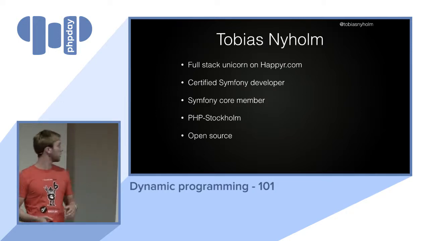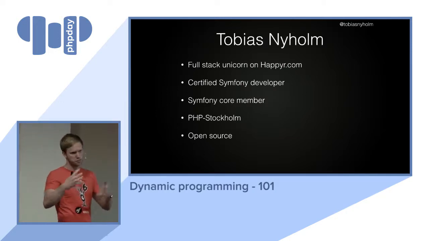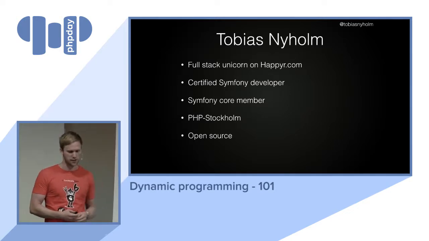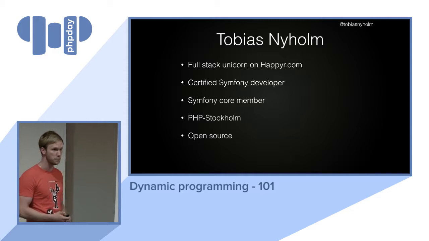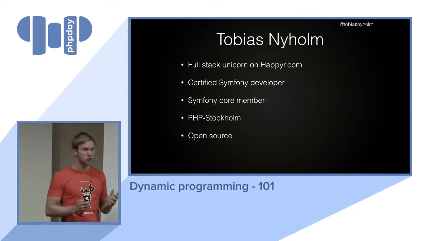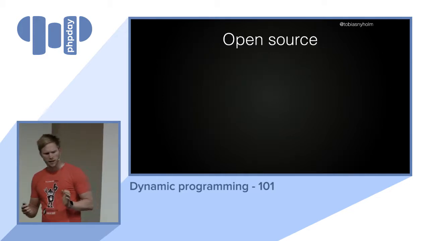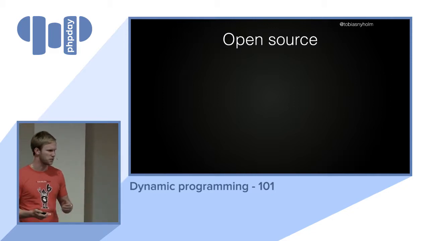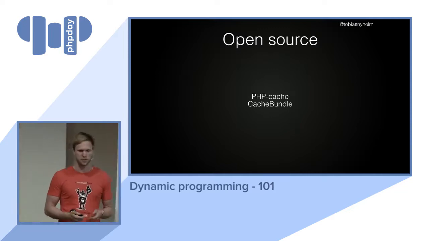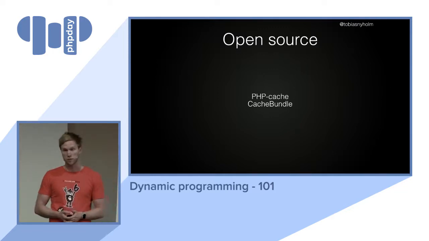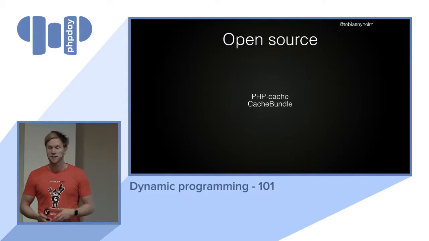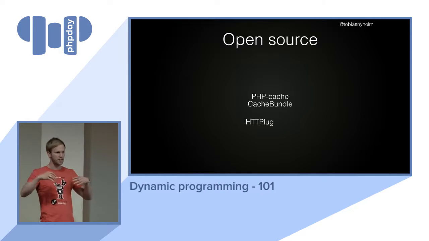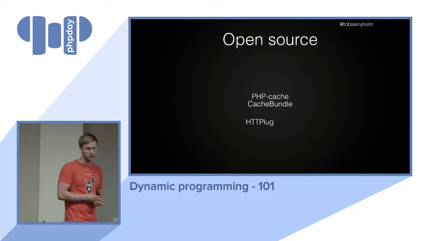So, short about me, I work at happy.com. We match people and companies on the soft skills. I do plenty of Symfony stuff, and I'm running the PHP meetups in Stockholm. I'm also doing plenty of open source stuff. I started my open source journey in 2016 when the PSR 6 came out. So me and my friend, we built some implementation for PSR 6. And at the same time, I started doing HTTP plug, which is basically an abstraction over HTTP clients.